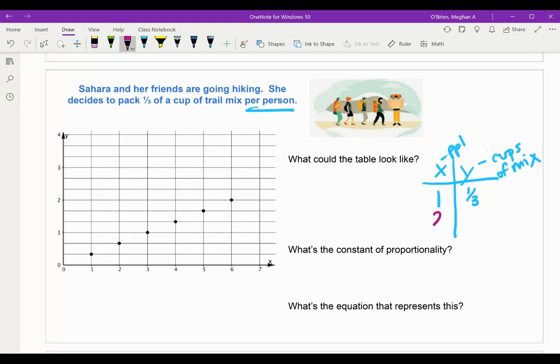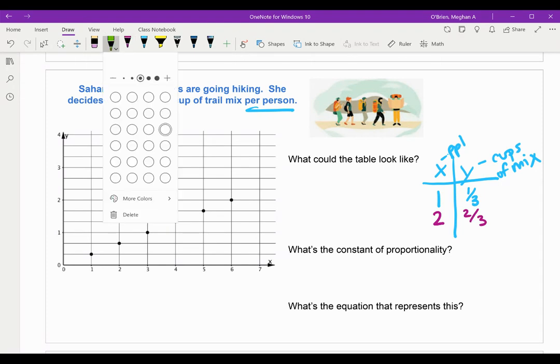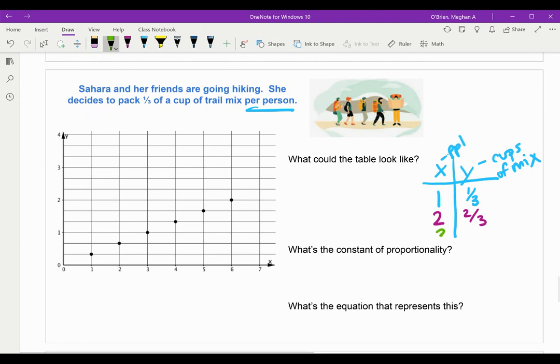If 2 people go, right, she would need 2/3. And we could keep going here. 3 people would be 3/3 or a whole. So that's what a table could look like. Again, we could skip values around as long as we apply this constant of proportionality, because no matter what, each person gets a third of a cup. So what's the constant?